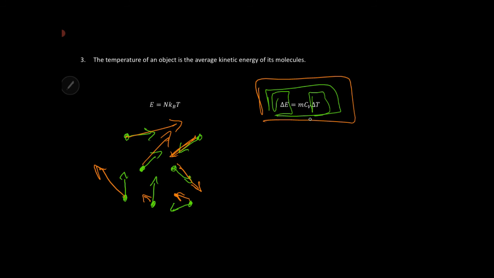Do something like this. Now this is your specific heat. It's the amount of energy that it takes to raise a gas a certain temperature. And this is measured with mass. So it's how much you're measuring the quantity with mass.